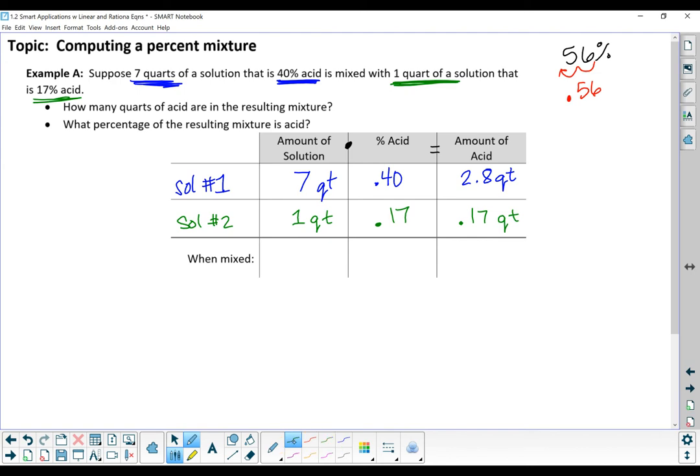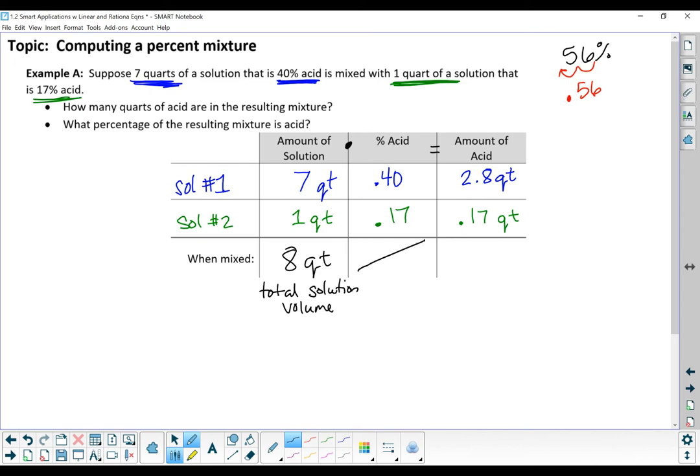So when you mix this together, if you have 7 quarts of one solution and you combine it with 1 quart of another solution, you do have 8 quarts total. That is the total solution volume. We don't add percents together, though. That's not how that works.